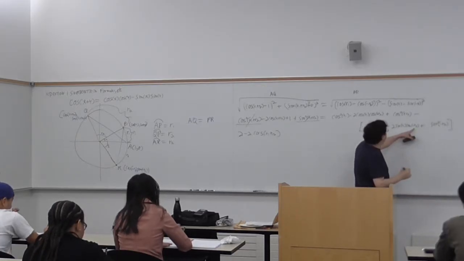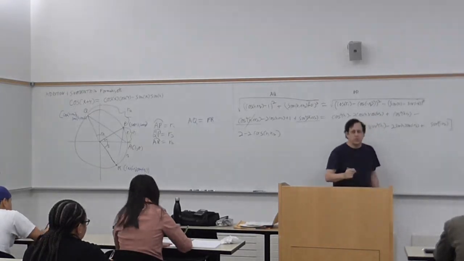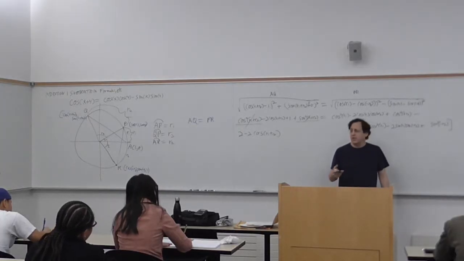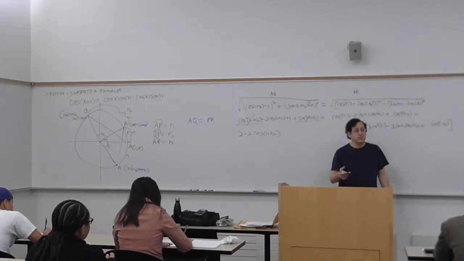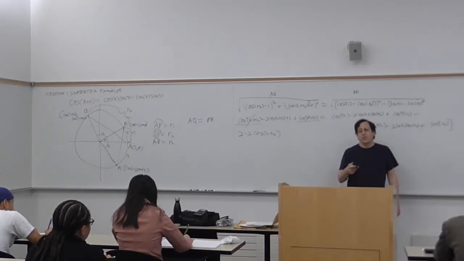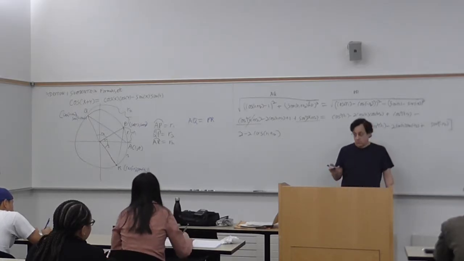Here I have a sine of minus r2. Sine of minus r2 is not sine of r2. It's something else, right? It's an odd function. So what's sine of minus r2 in terms of sine of r2?